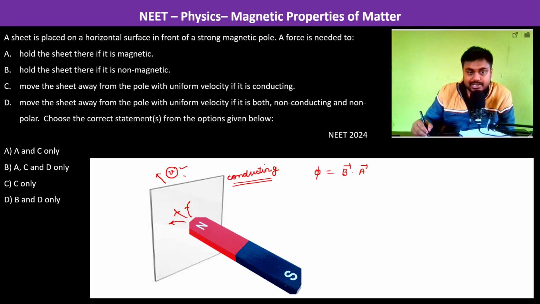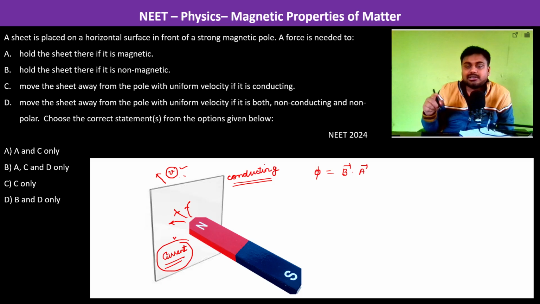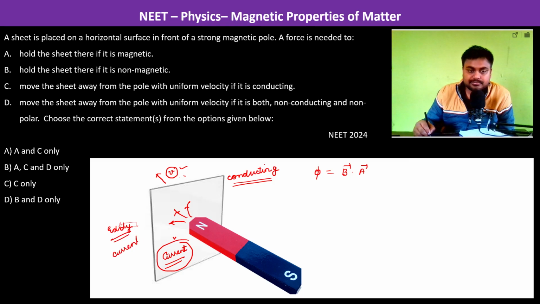Now since this is producing magnetic flux because it's conducting thing, the change in magnetic flux will cause current to be developed in this sheet, and this current is technically known as eddy current. Okay, so eddy current will be developed, and now due to this eddy current, you see, it is going away.